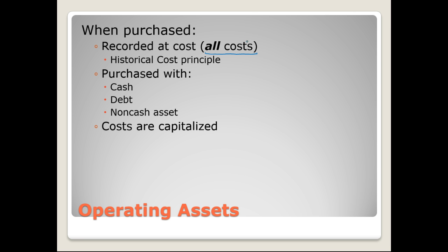Now, for all operating assets, the costs are capitalized. What do we mean by capitalized? Well, what it means is, recall, operating assets have lives longer than 1 year. But we know that with most assets, anything of value, its value declines over time as you use it, as time goes on.